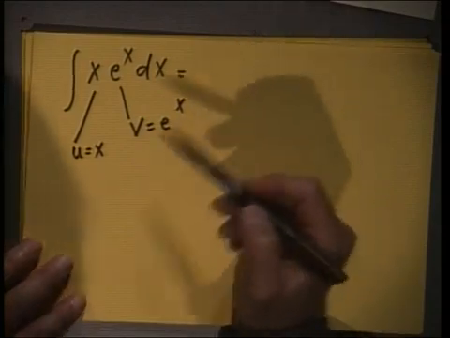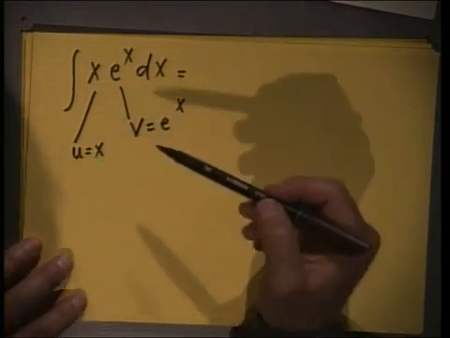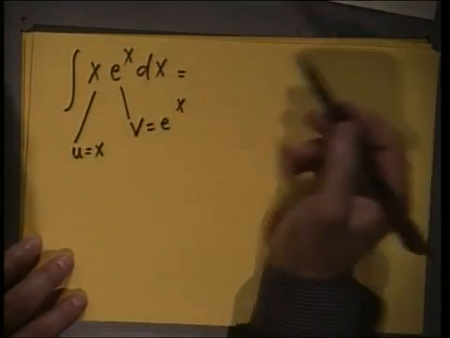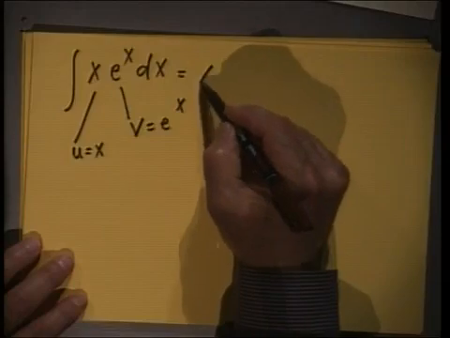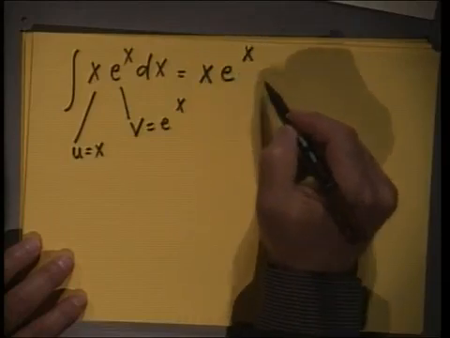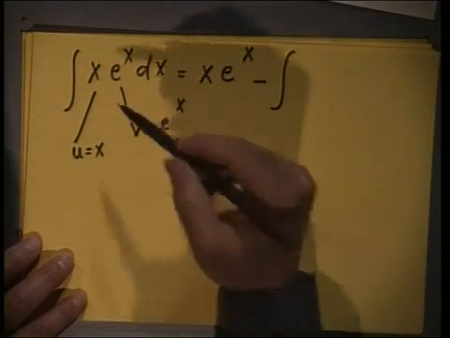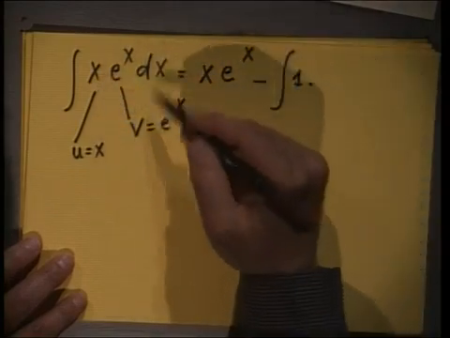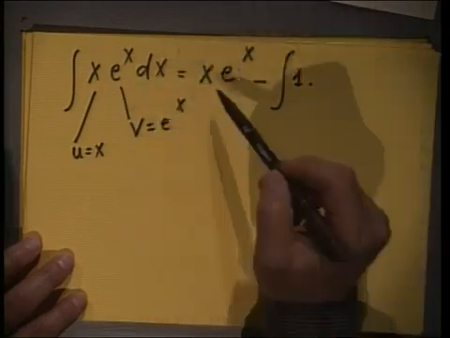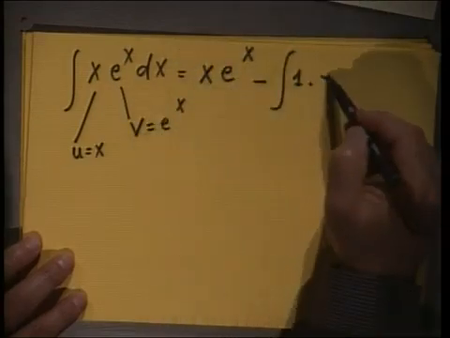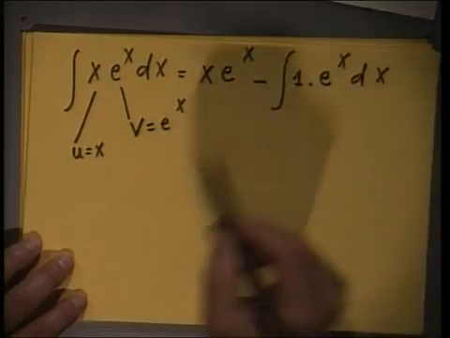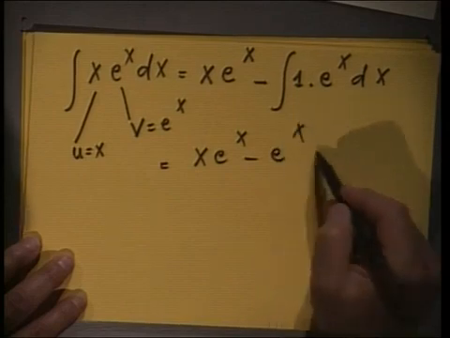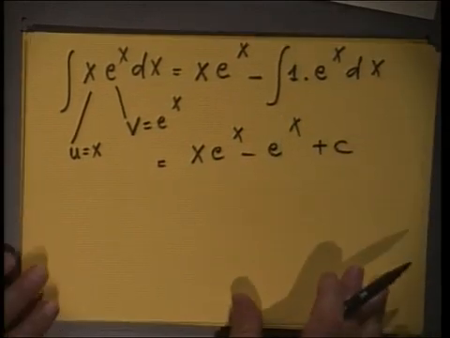So now you have, as our formula runs, the integral of f of x times g prime of x dx equal to f of x, which is x, times v, minus the integral of the derivative of x, which is 1, times v, which is e to the x, dx. So this becomes equal to x e to the x minus the integral of e to the x, which is directly e to the x. You don't neglect the c.